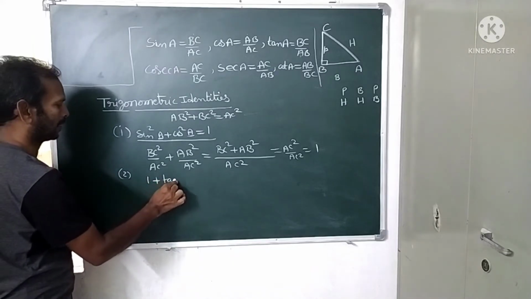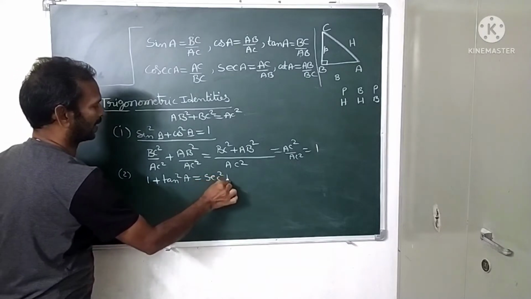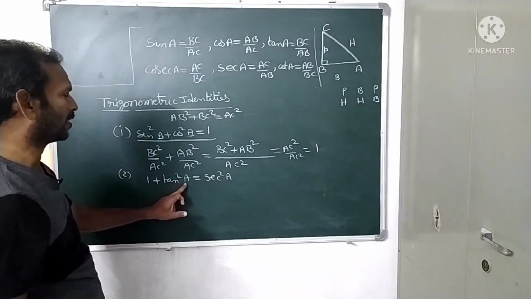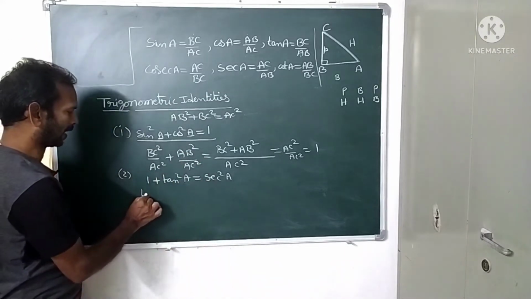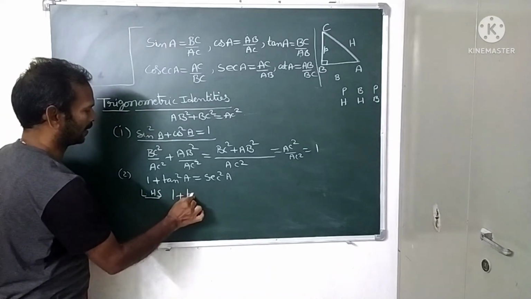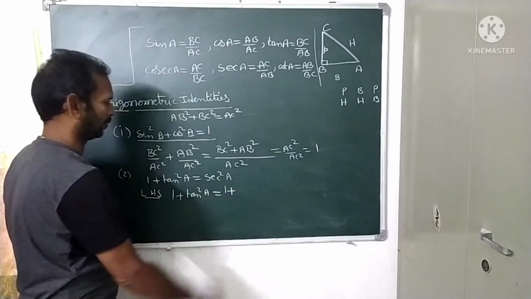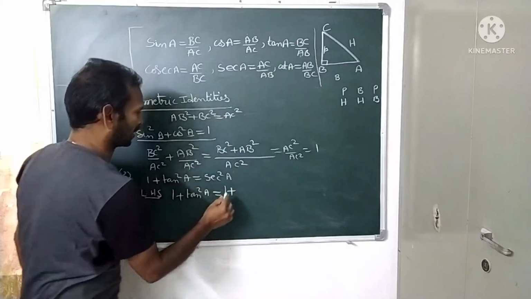Second identity: 1 plus tan square A is equal to secant square A. From now onwards, whenever 1 plus tan square A comes in a problem, we can write secant square A. For this proof, take the LHS part. 1 plus tan square A is equal to 1 plus BC square by AB square.